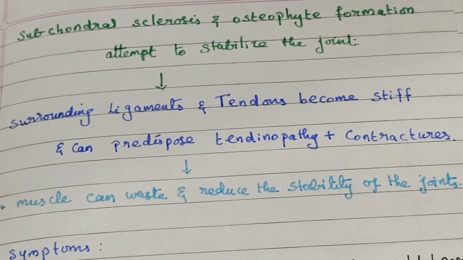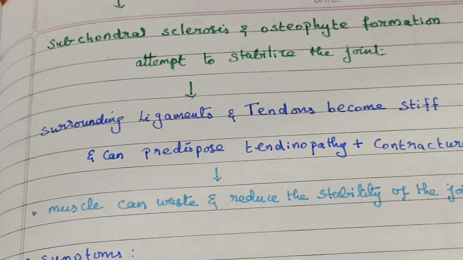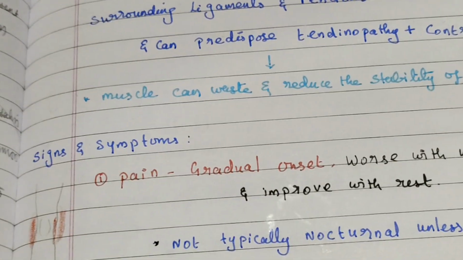Muscle can waste and reduce the stability of the joint. So this is all about the pathophysiology of osteoarthritis.